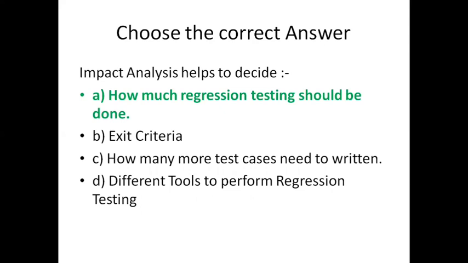Test cases are already written in the test management tool. Now you have to see in which module, or which business scenario or use case, you have to go with the regression testing.